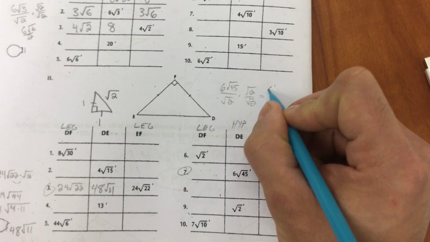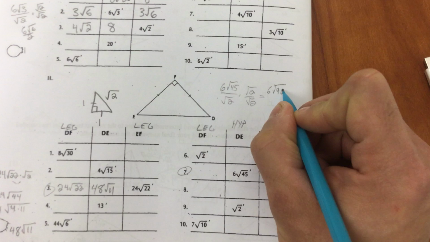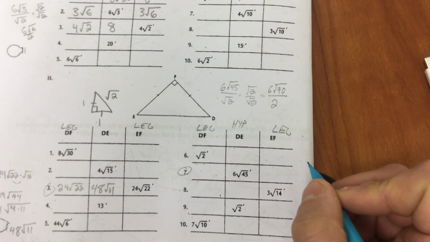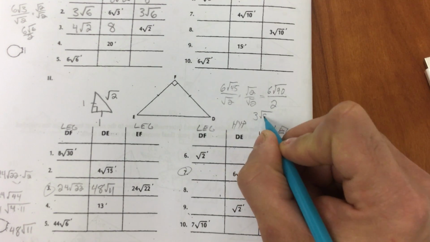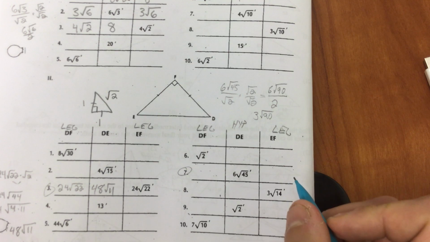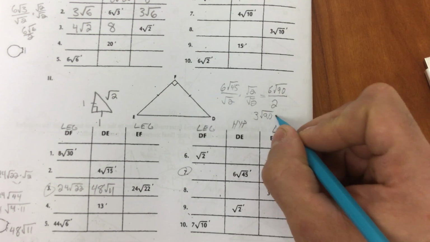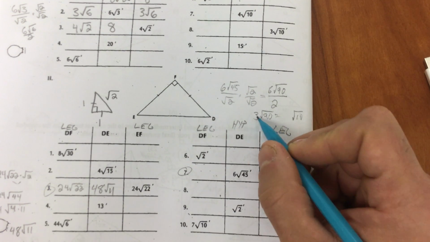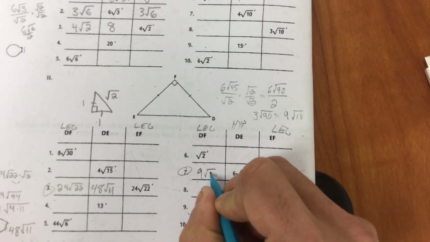Okay, well that's 6 root 90, we'll talk about that in a moment, all over 2. 6 and 2, that's 3 root 90, but that 90 simplifies as well because 90 is 9 and 10, and while I don't know the square root of 10, square root of 9 is 3, 3 times 3 makes a 9 root 10 on the outside.